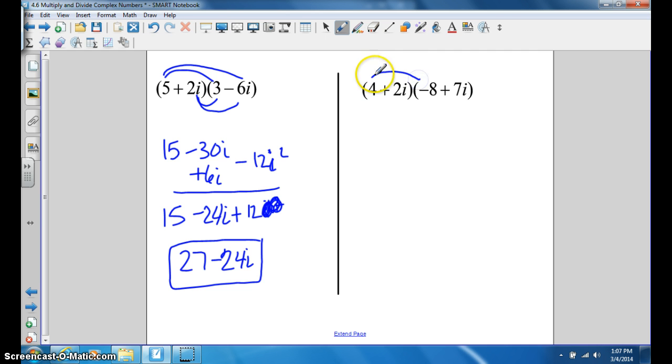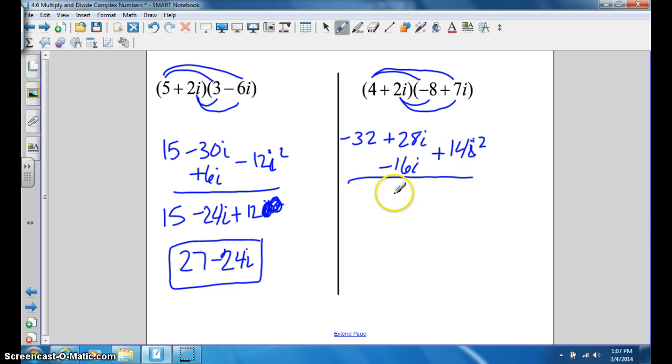Now, same thing over here. We FOIL distribute this. So 4 times -8 is -32, and 4 times 7i is 28i, and 2i times -8 is -16i, and 2 times 7 is 14i squared.